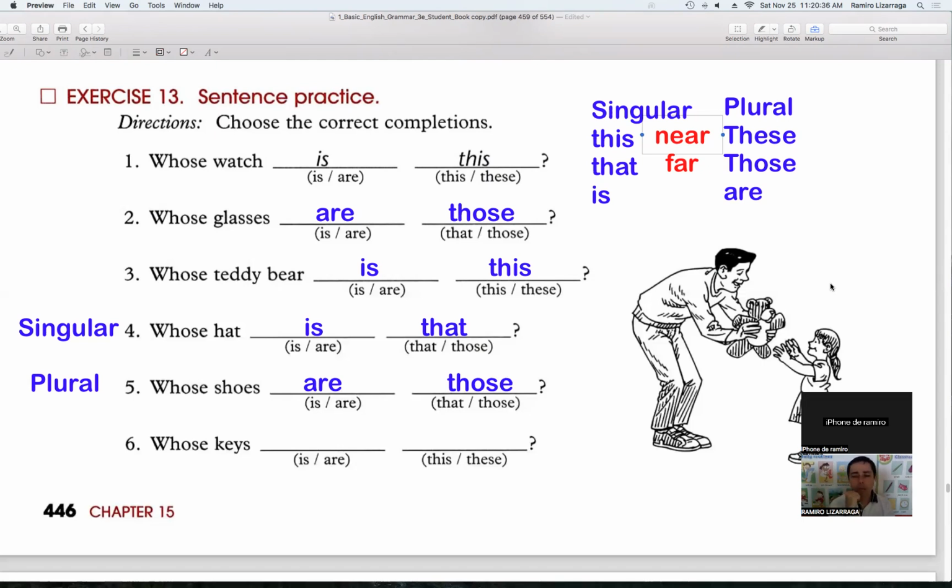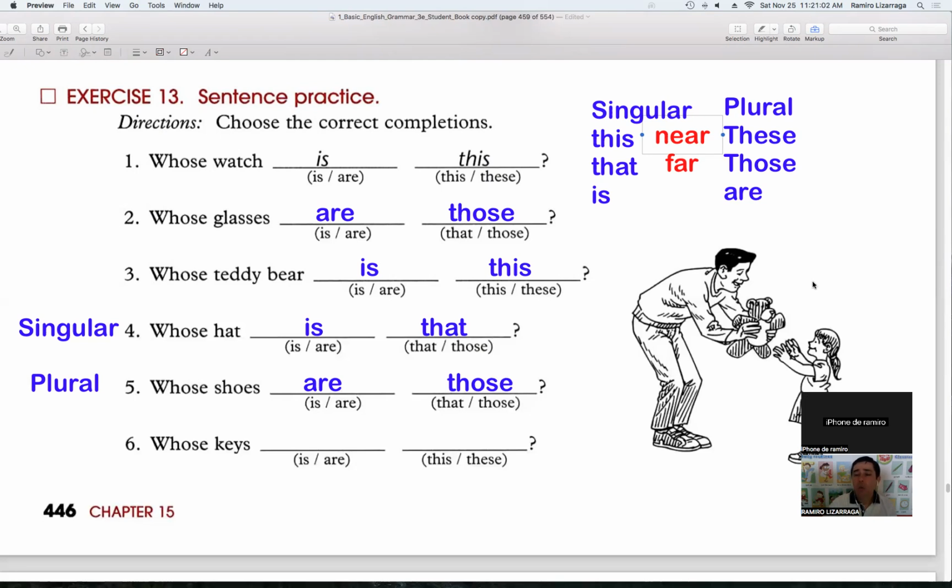Oh, my home, it's near my school. Home is near my school. Near means cerca. That is near. And far? Oh, a school is far away from home. A school is far away from home, yes, it's far away.